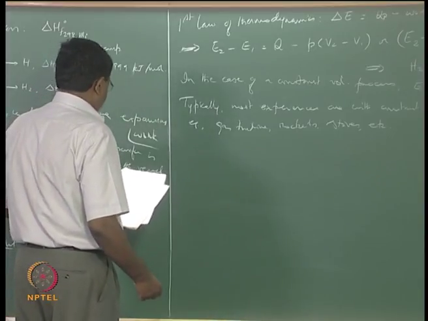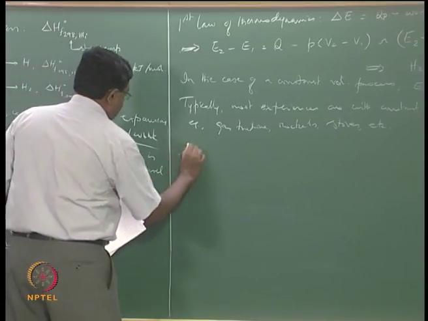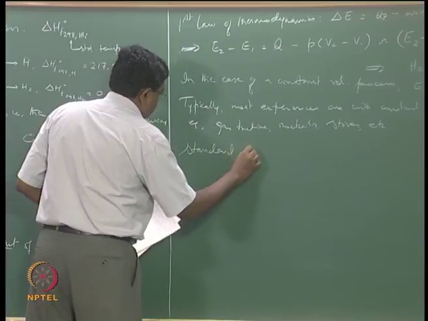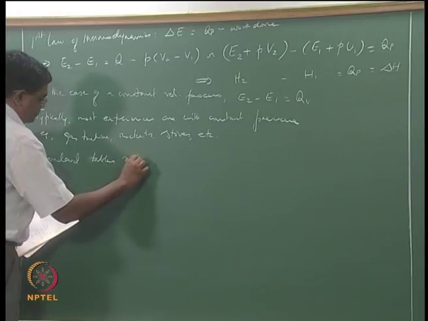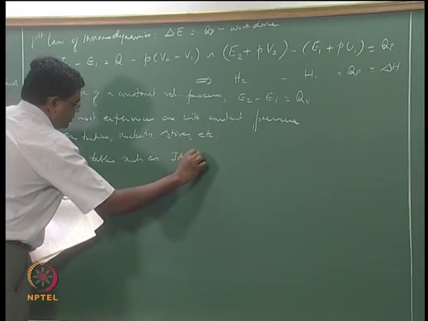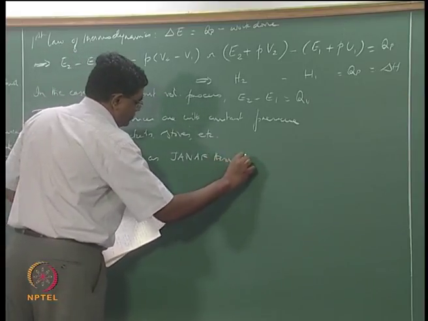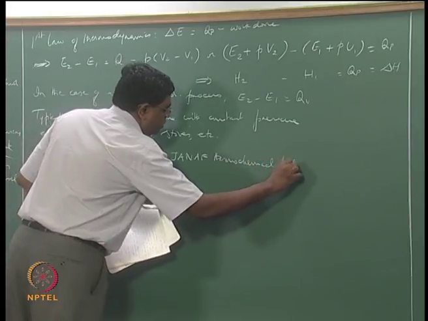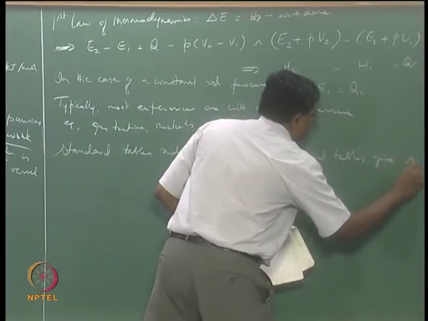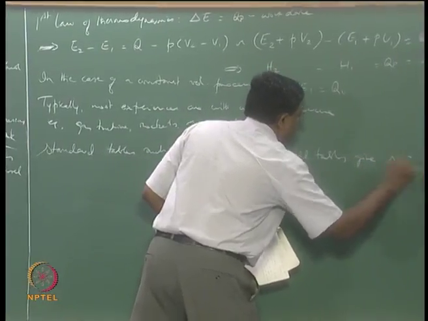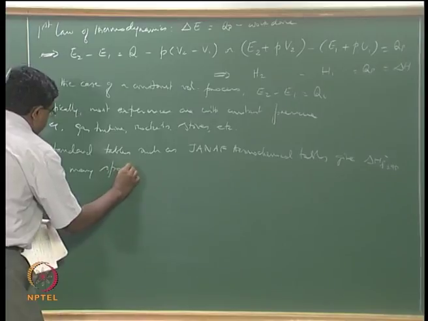Okay, the other thing is standard tables. Now standard tables such as what's called the JANAF thermochemical tables, catalog or simply give delta HF naught 298 for many species.